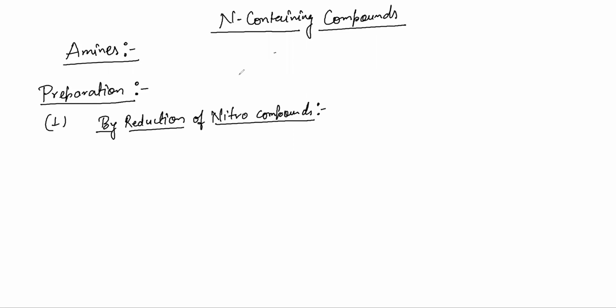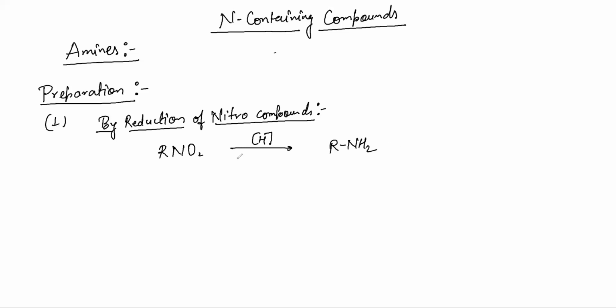Generally, if you have a nitrogen compound, you just reduce it, you always get amine. So, for example, let's say we have nitro, RNO2. If you perform its reduction, you will get RNH2 directly.